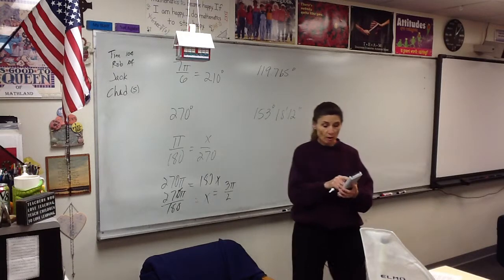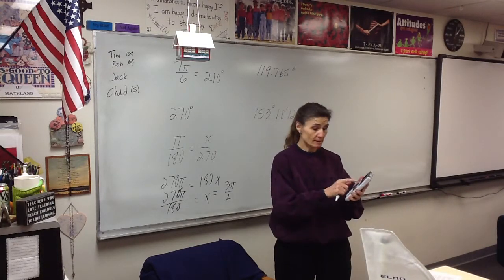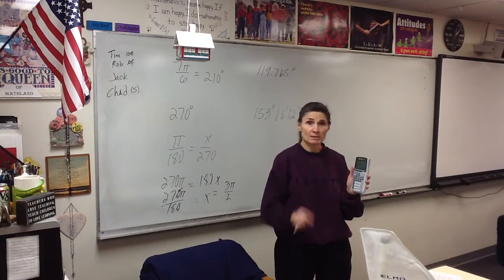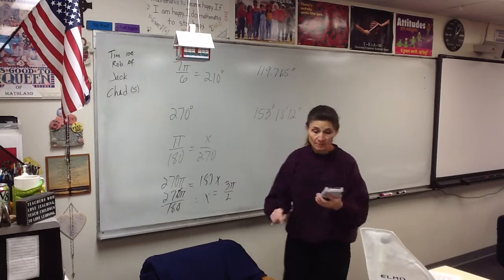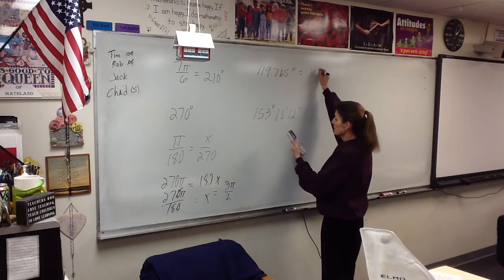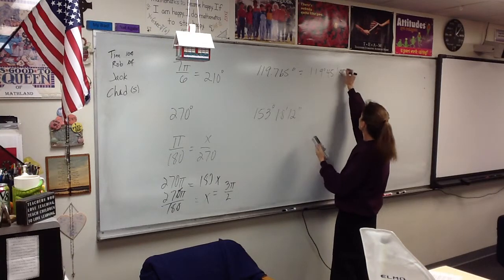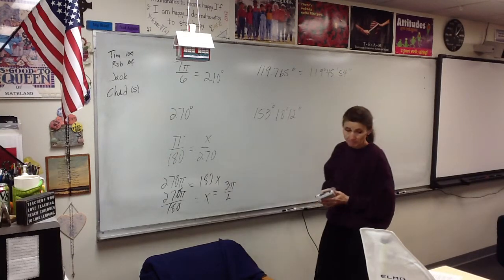Then we will go to our second angle menu, which is the apps button, second angle. We'll click down to DMS, degrees, minutes, seconds, and we have to hit enter a couple times, that tells us 119 degrees, 45 minutes, and 54 seconds.